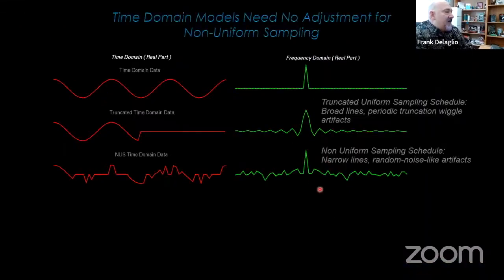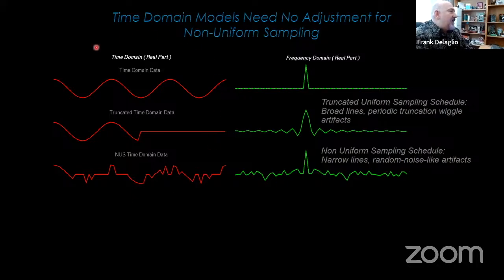And a final motivation is that if we wanted to make models like this in the frequency domain, we would have to accommodate all the details of Fourier processing. But in the time domain, once we have a model for a time domain signal, we don't have to change that model at all to put it in the context of non-uniformly sampled data, because the underlying time domain signal is the same in all of these cases, whereas the corresponding spectrum that we see is different in all of these cases.